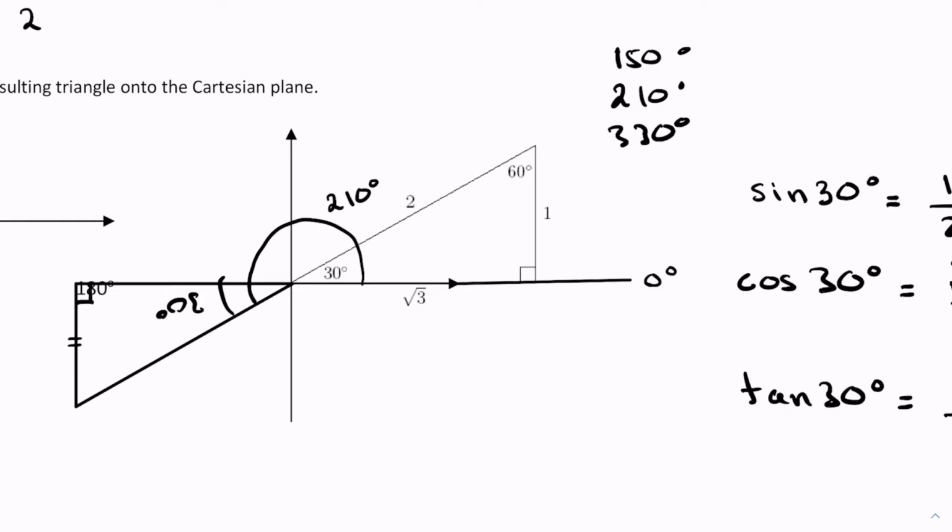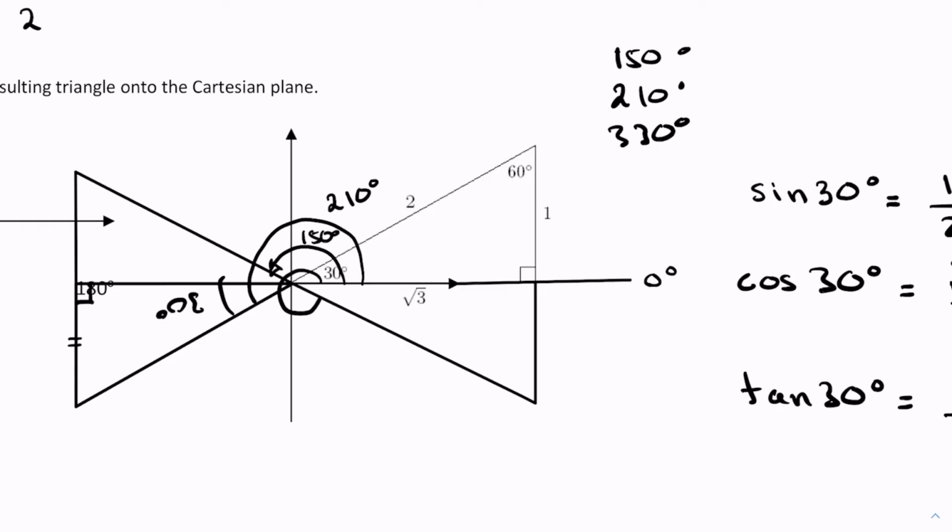And if I looked at it up here, drop it down, this angle here would be 150. And if I went all the way around, again 30 degrees, let me extend that a bit, that would be 330 degrees.